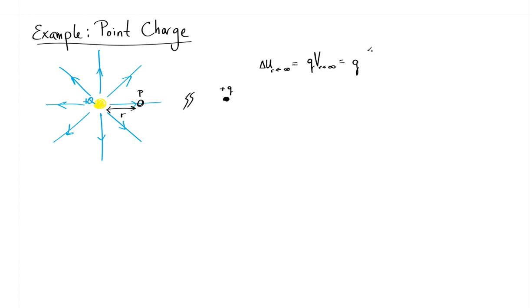And we define V as minus the integral from infinity to some position r of E dot dl. And we'll say this thing is moving just along the x-axis.